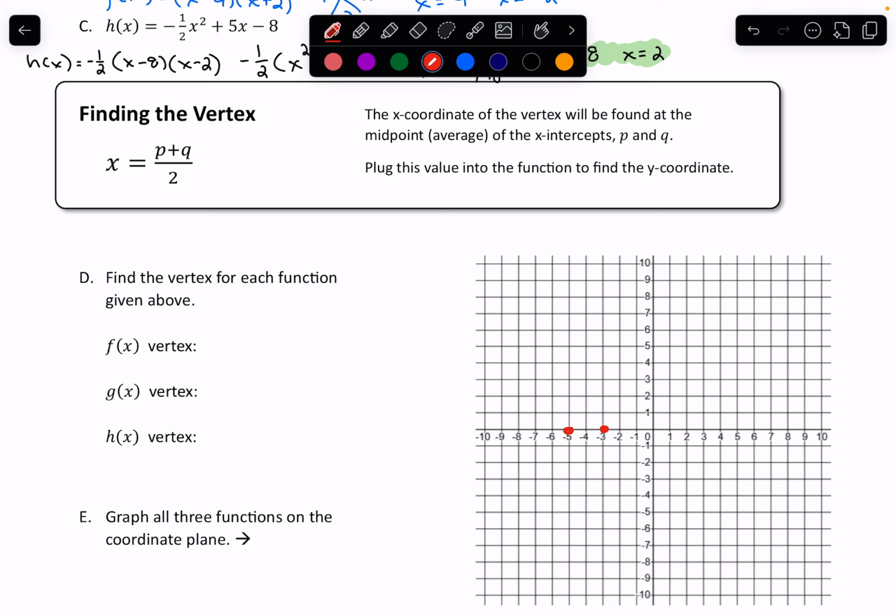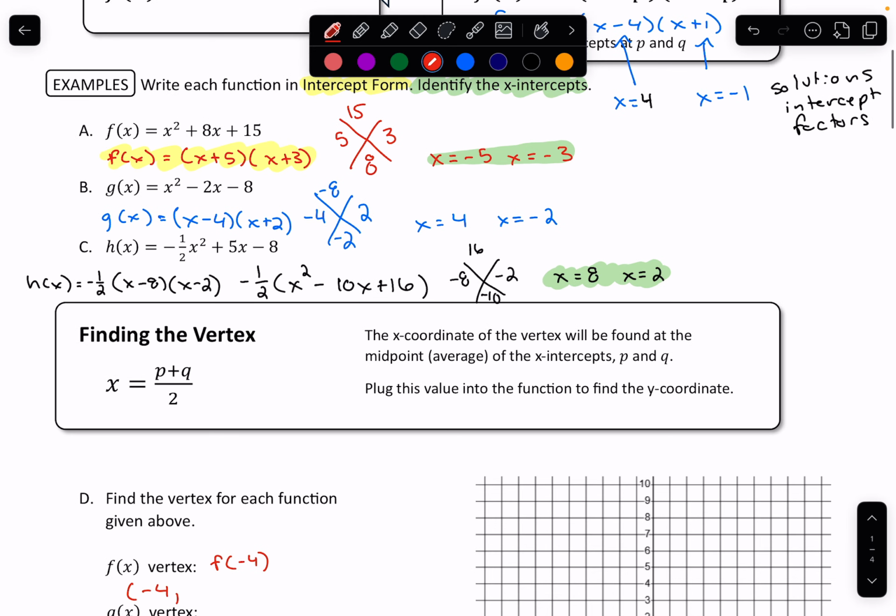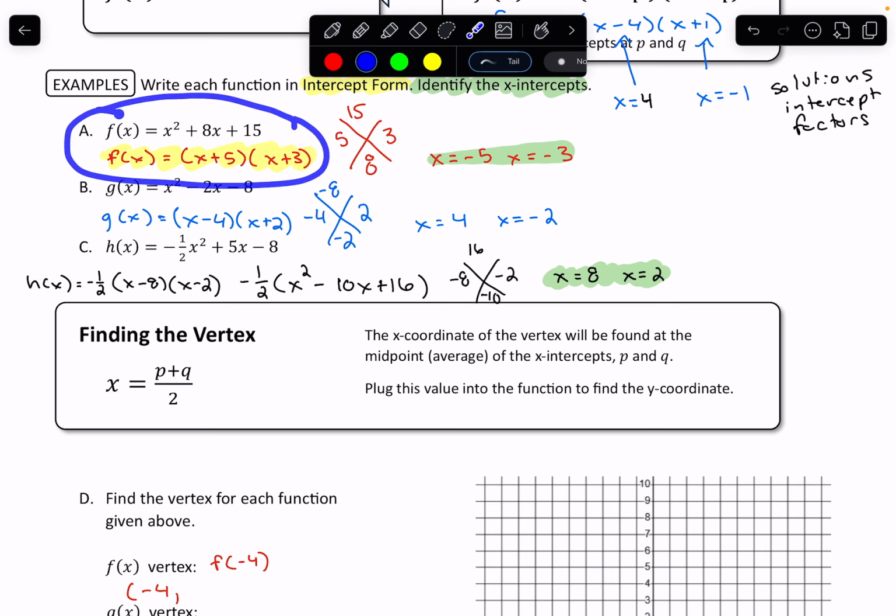Now, there's something cool about that information. I know the x value of my vertex. I know it's going to be -4. I don't know the y value, but I have a function right here that if I plug in an x value, it will give me a y value out of the function.